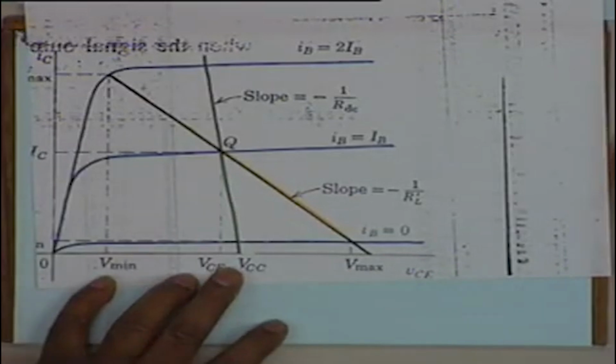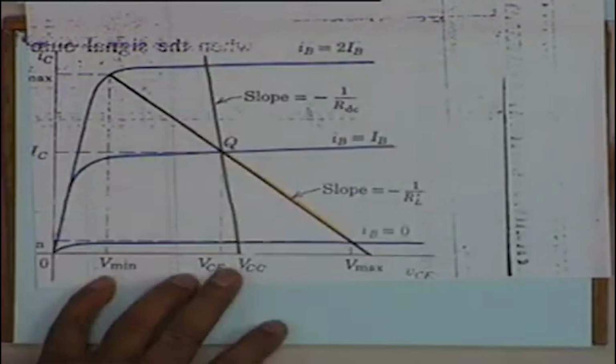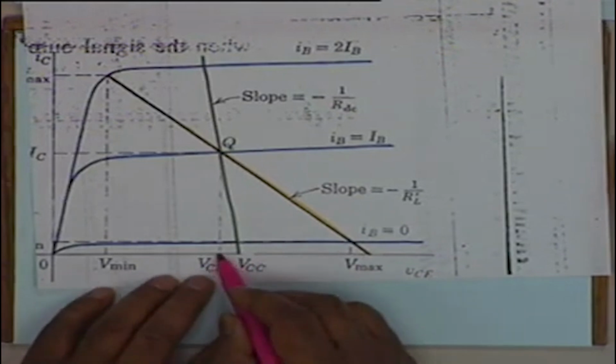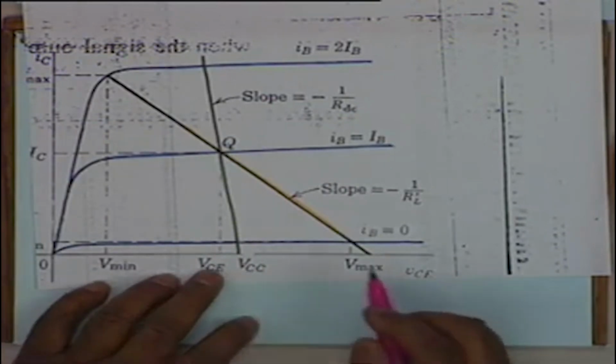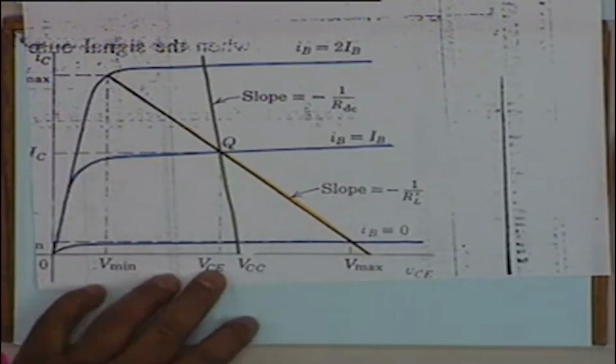If you want to be fussy, then you actually draw the DC load line and find out where the Q point lies. But it is clear that VCE and VCC are very close to each other. Is this point clear? Then what should be your maximum swing? Approximately twice VCC, all right.